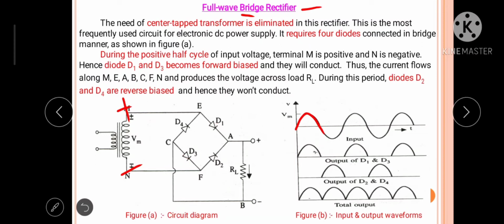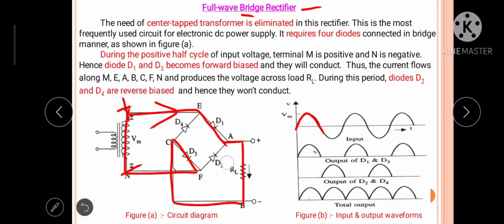During this positive half cycle, the current flows from terminal M to E, then through diode D1, then through load resistance, then to point C, then diode D3 and comes to point N, and in this way it keeps the same direction.